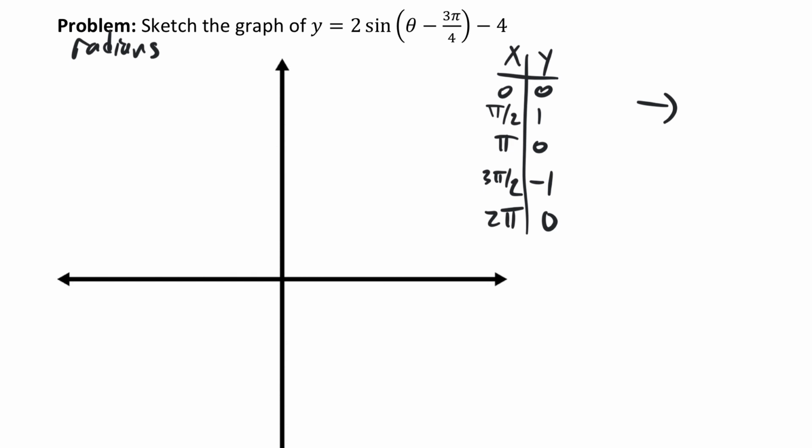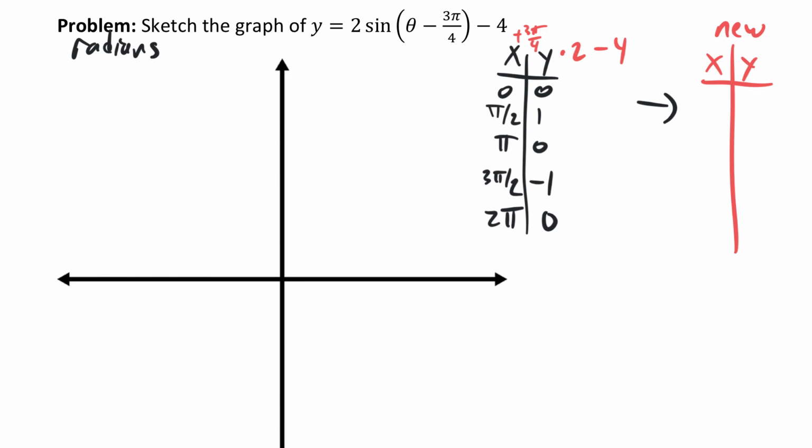Now the x values, we're going to add 3 pi over 4. For the y values, we're going to multiply by 2 and then subtract 4. All right, so now we have our new x and y over here. So pause the video and see if you can come up with this new table.